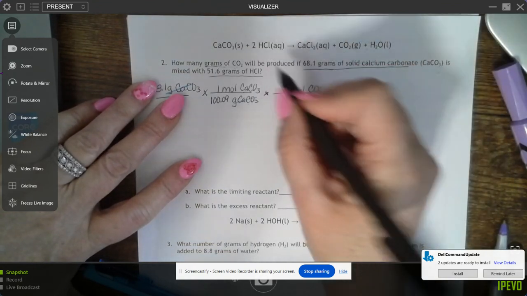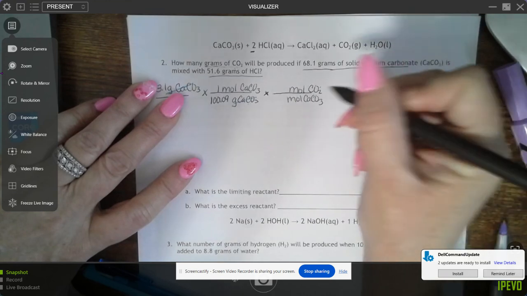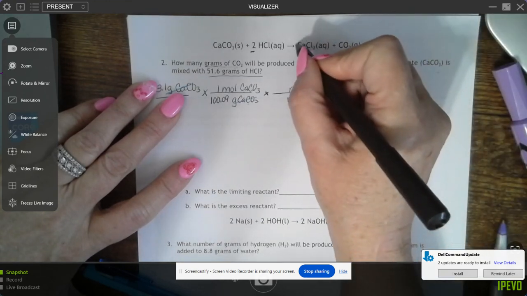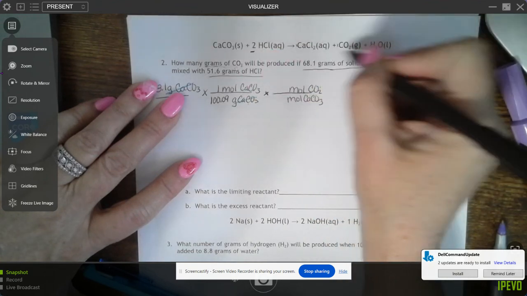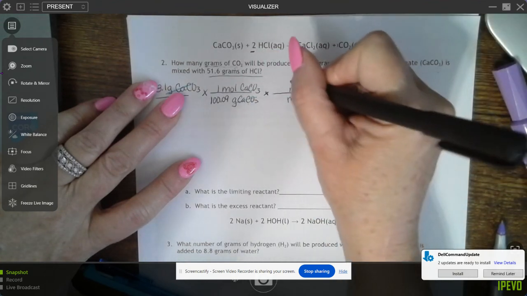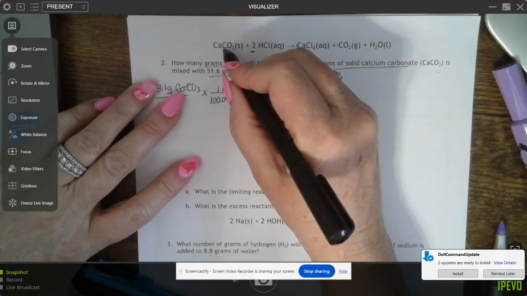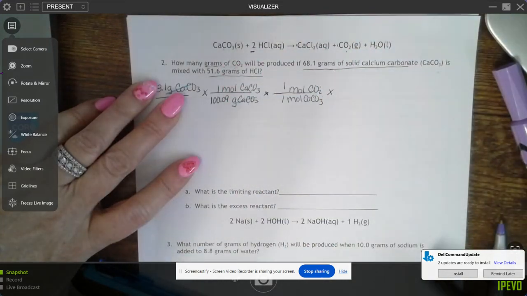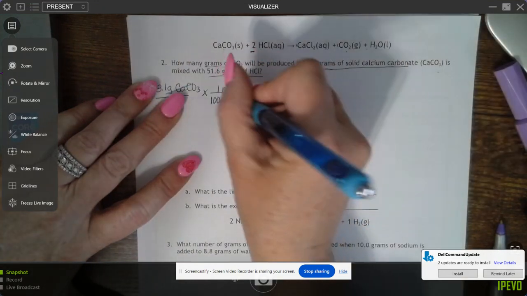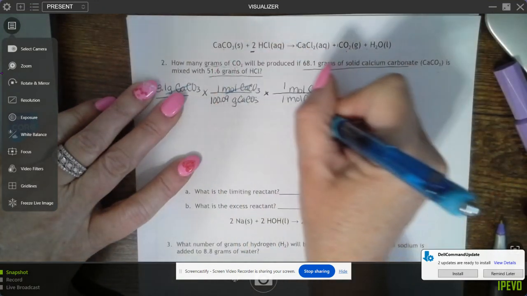This is balanced. We have 2 HCl and then 1 for all of our other coefficients. So carbon dioxide is 1 mole, and calcium carbonate is 1 mole. Now, that allows us to cancel out moles of calcium carbonate.